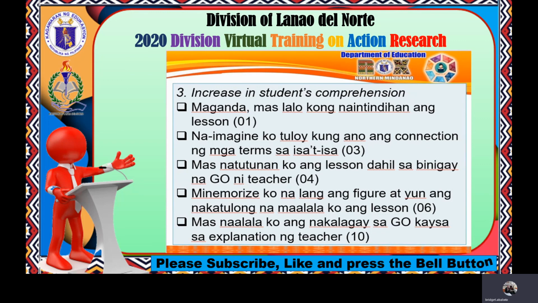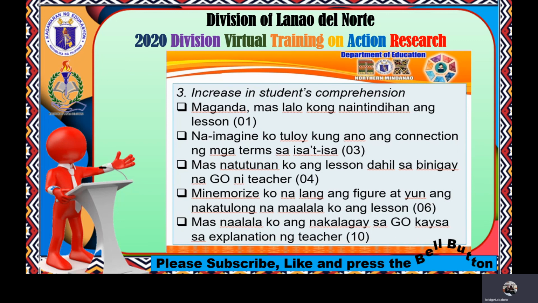Another response, student 3: na-imagine ko tuloy kung ano ang connection ng mga terms sa isa't isa. So, naintindihan, connection is very important. Another response of student 4: mas natutunan ko ang lesson dahil sa binigay na graphic organizer ni teacher. So the words mas natutunan refer to the increase of students' comprehension.